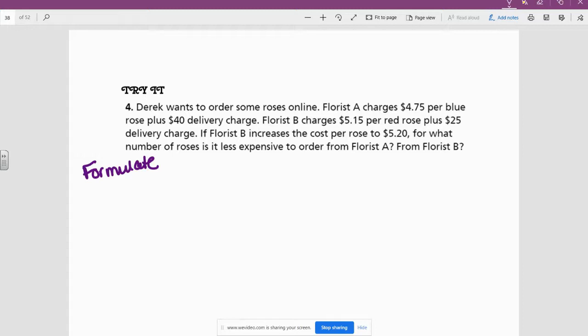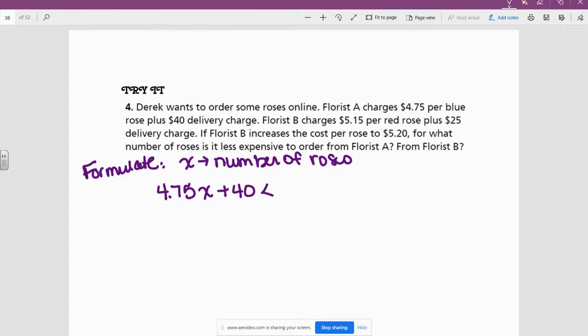So let's go ahead and make our formula. Remember, X is the number of roses. So we'll figure out which one's cheaper. We're going to go with Florist A on this side. So it's $4.75 per rose plus a $40 delivery fee.